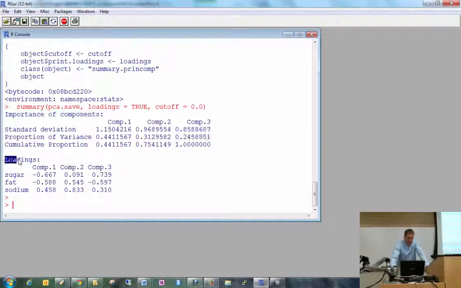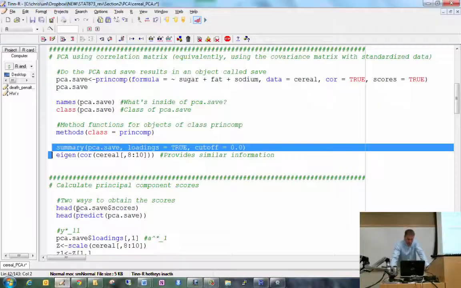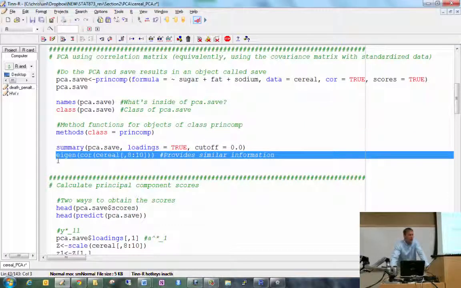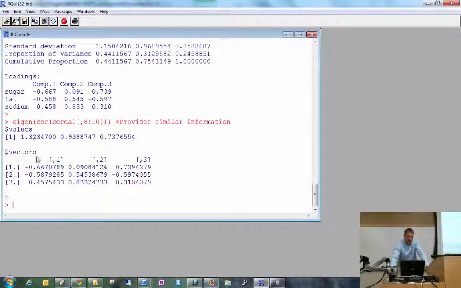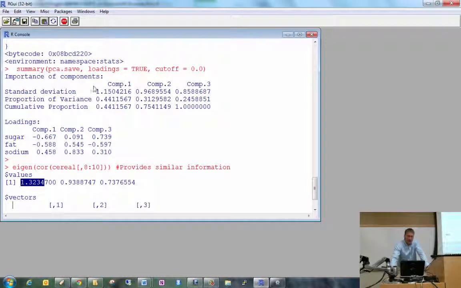Then these loadings, these are the eigenvectors from the correlation matrix. Just to illustrate that, I can use a function that we've seen before called eigen with the correlation matrix. And you can see that here's the first eigenvector, and it matches. 1.32 for the eigenvalue is the square of 1.15.